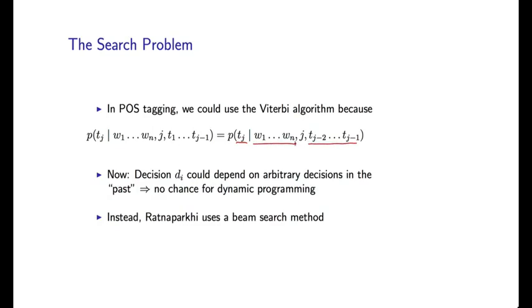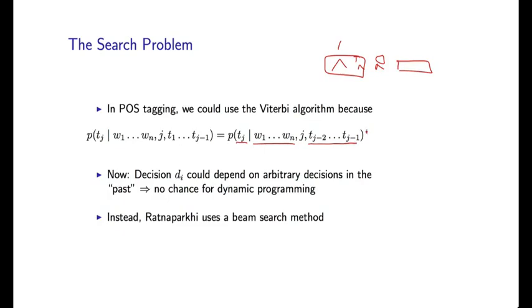But in the parsing problem, I've in general made use of features that might be sensitive to all kinds of decisions that are made in the past. That's because when I was making this decision here, I wanted to condition on all kinds of context in the past, and in the future part-of-speech tagging and chunking decisions. And so this kind of Markov assumption doesn't really make sense, or at least it would be very limiting in the case of parsing.